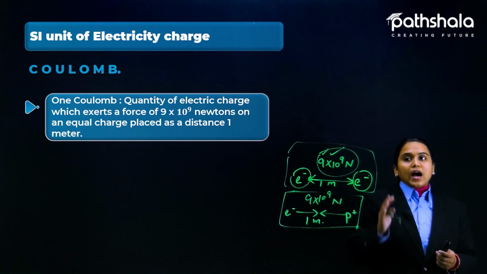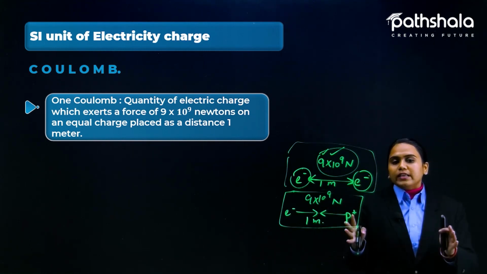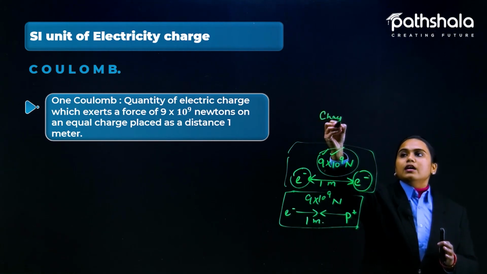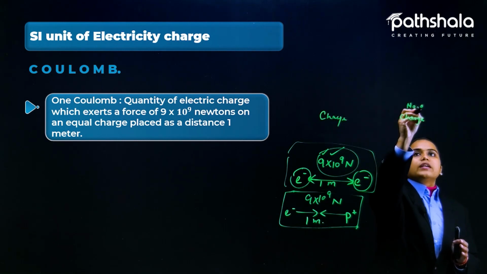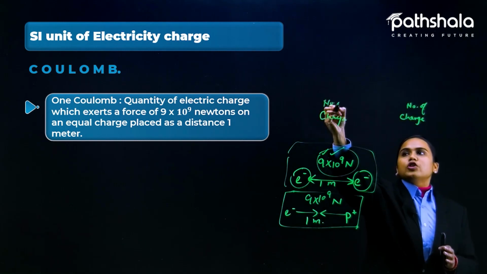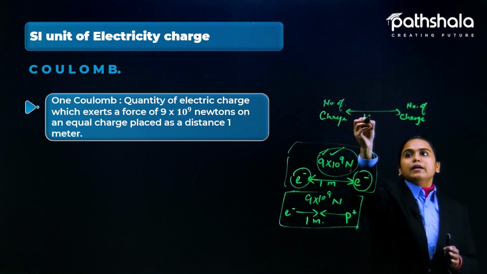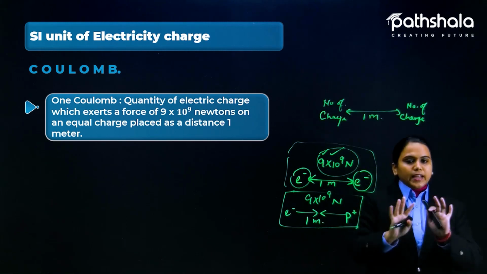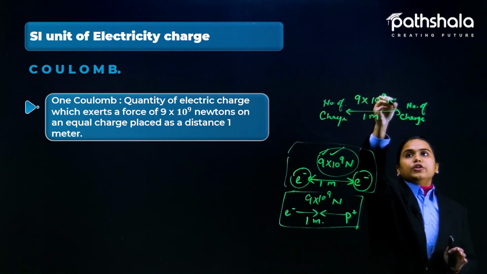So again, if now we are going to summarize all these things, we can say that the number of charged particles here and the number of charged particles here, and the distance between them is 1 meter, and the force of attraction or repulsion, any kind of force I am talking about, is 9 multiplied by 10 to the power 9 newtons.